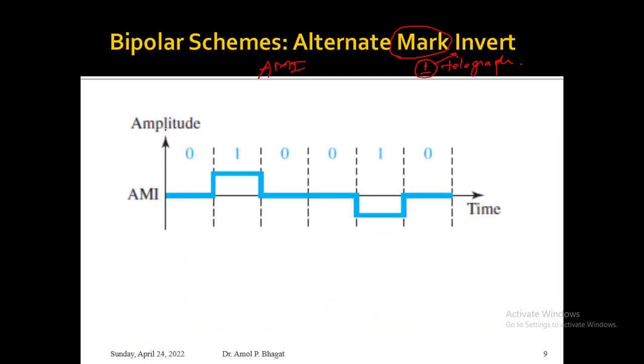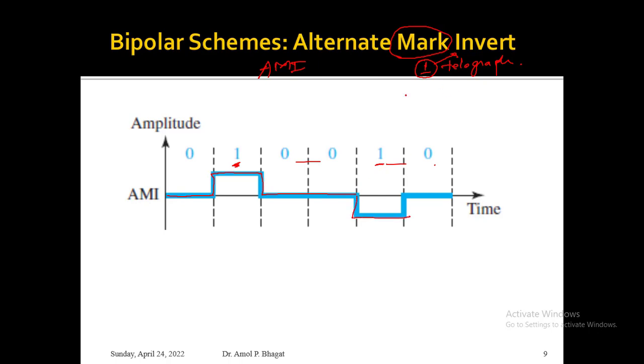The same thing has been indicated here in this graph. Your digital data is 0 1 0 0 1 0, right? As you can see, for 0, the zero voltage value has been utilized. Whenever a 1 occurs, it is represented using a positive voltage level. Again 0s are represented using the zero voltage level, but for the next 1 the signal is inverted.